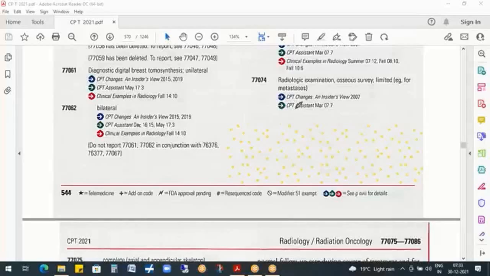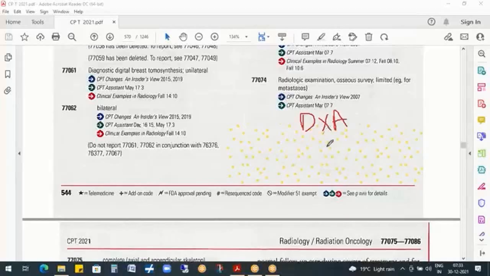Now, DEXA scan. Just make the heading DEXA scan. First try to take the flow chart, then I will explain the concept for you.